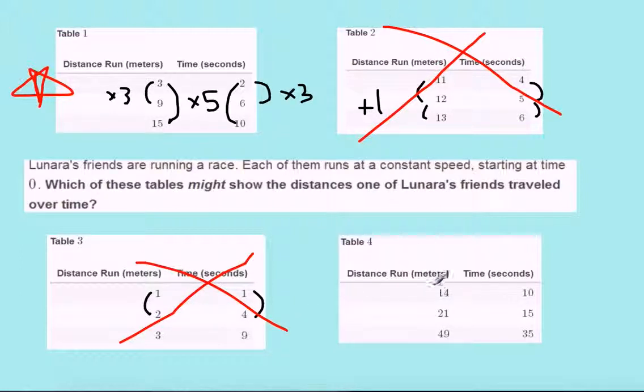Let's check out the last one. Okay, I have 14 to 21, and 10 to 15. 14 times what is 21? That's not going to help me very much at this point. There's no whole number that I could use. What about, looking over here, maybe 10 to 35? Again, that's not going to help me much.